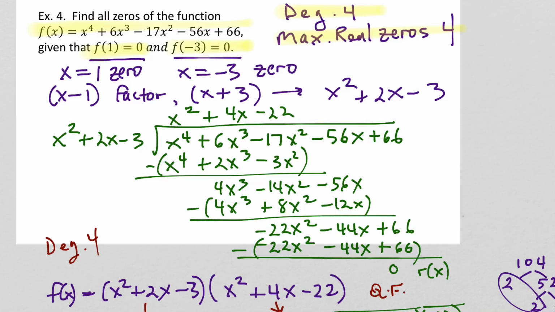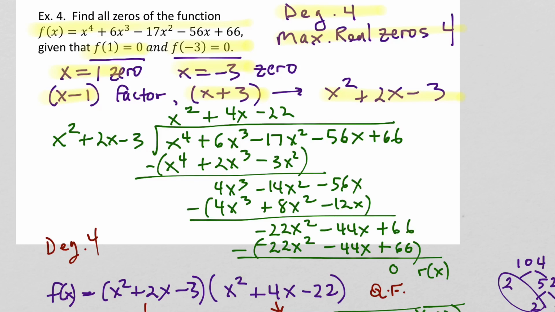That tells you that x is equal to 1 is a 0 and x is equal to negative 3 is a 0. That tells you that x minus 1 is a factor and x plus 3 is a factor. So you take those two factors and you multiply them together to get a larger factor.